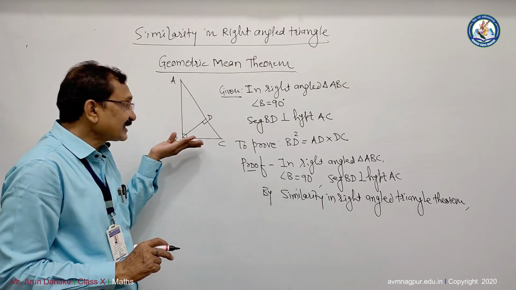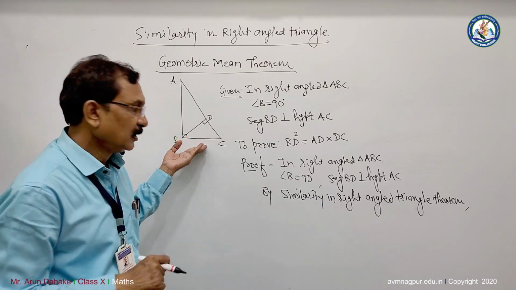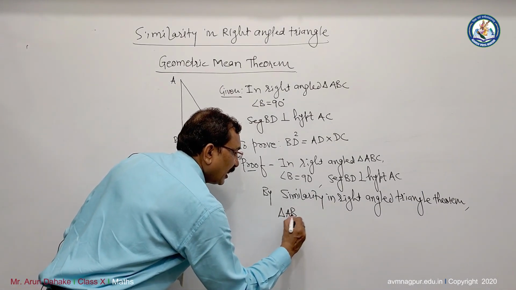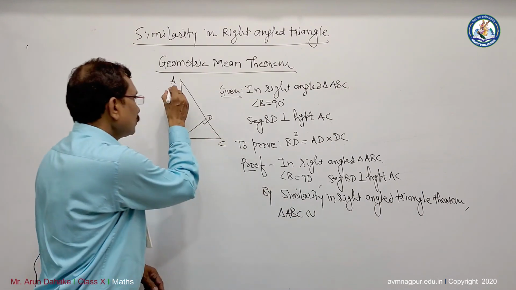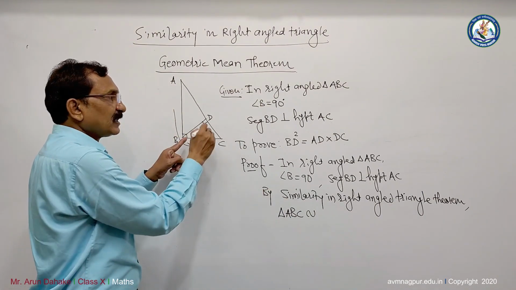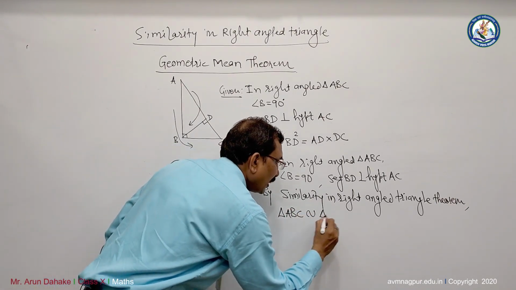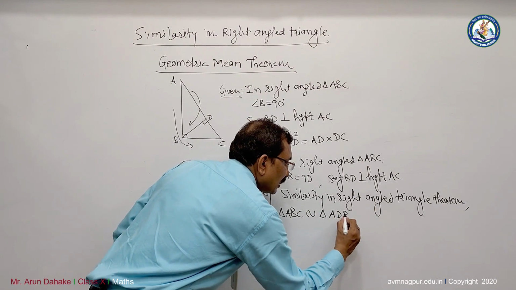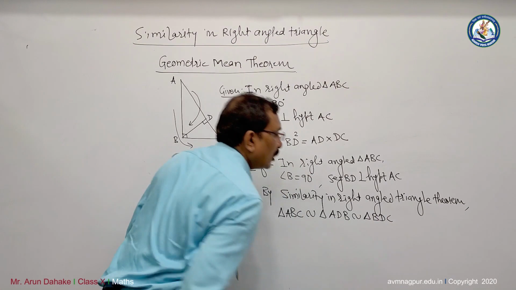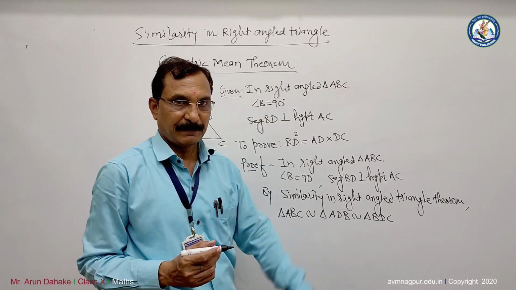Now I just explained how to take all three triangles in proper order. So triangle ABC is similar to triangle ADB, which is similar to triangle BDC. All three triangles are similar to each other.